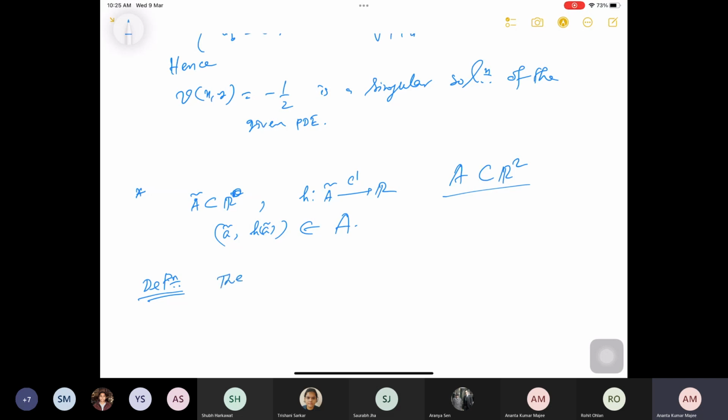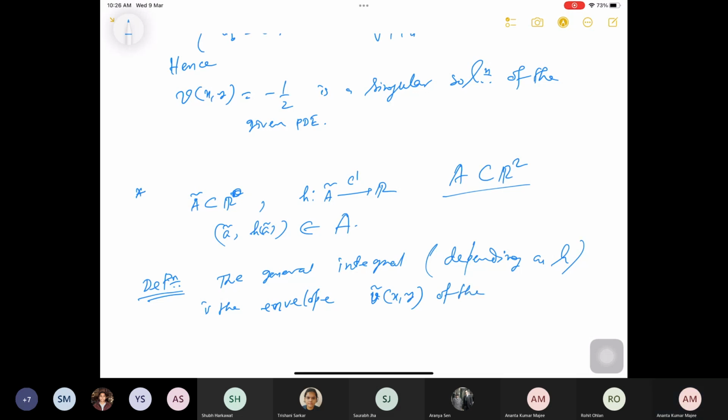So the general integral, depending on my function h, which is the envelope, I denote ṽ(x, y) of the functions u(·, ·, ã), where ã is ã.